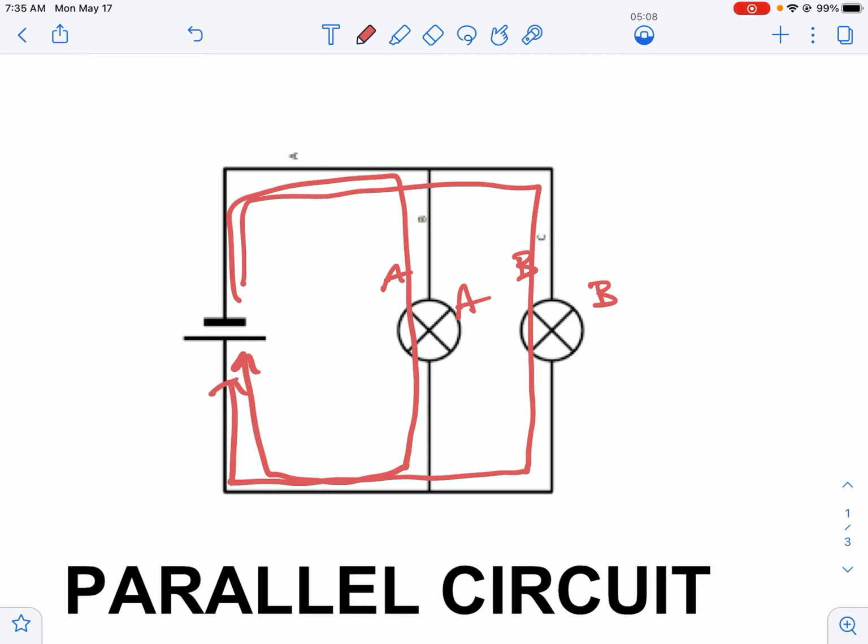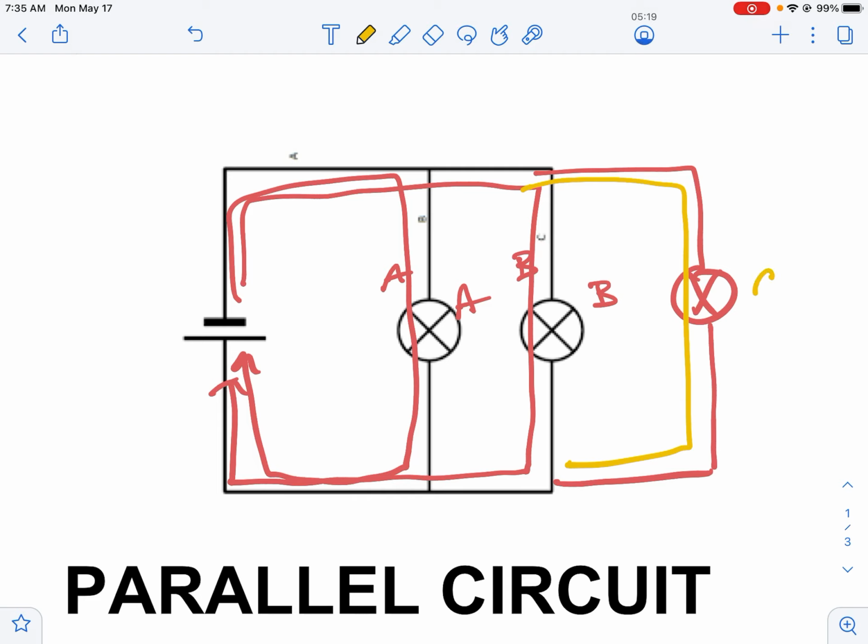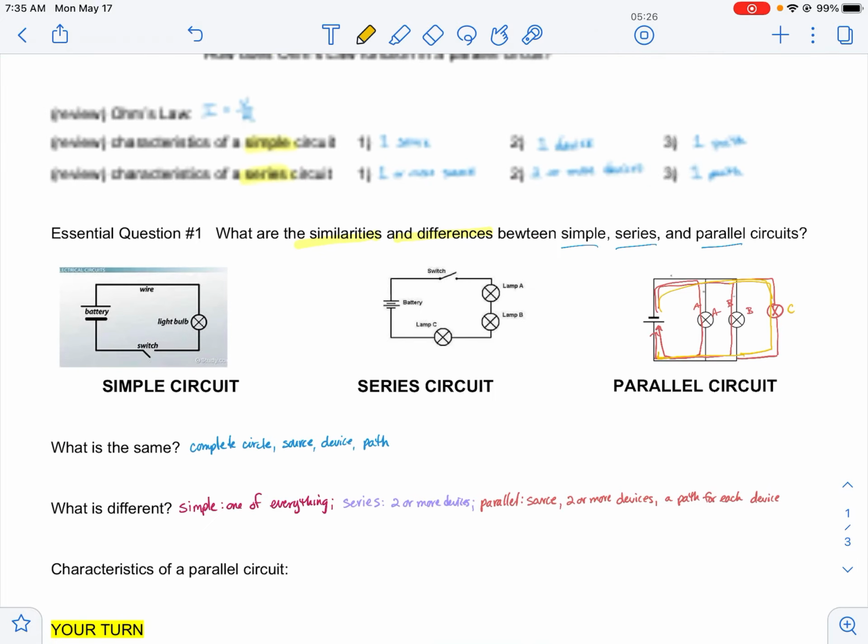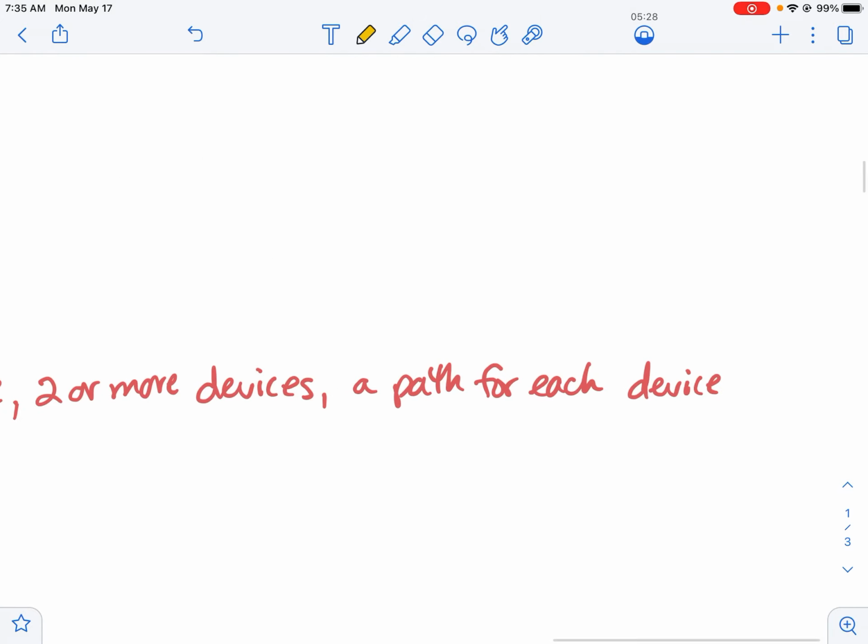All right, if I were to add a third lamp out here, I could add a third lamp just like this, and there would be another path. There would be another path for lamp C out here, right, that would go all the way around. Okay, so that's the biggest difference, is that there's a path for each device.